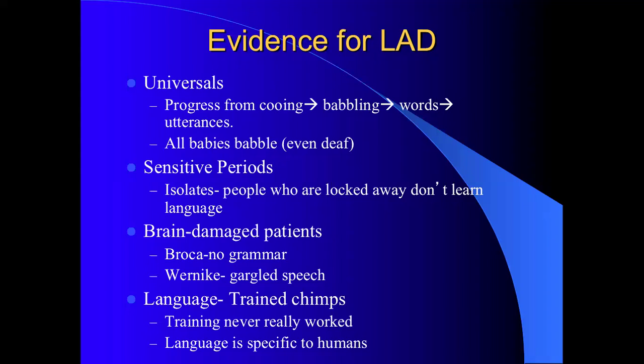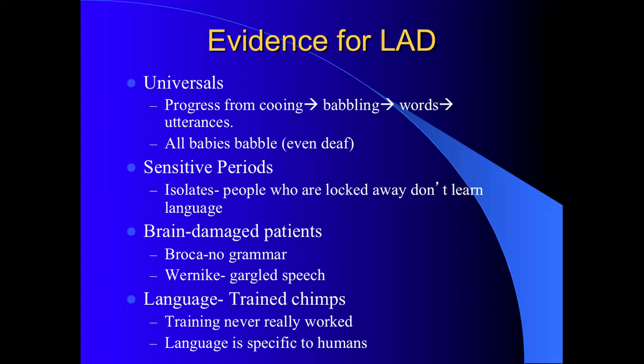Nature, when we say you're born with it, it's fairly universal, right? So, what Chomsky noticed and other researchers noticed is that regardless of the language, you're going to see a process of cooing, then babbling, then words, and then sentences as a whole. Doesn't matter the language, it occurs in that sequence.